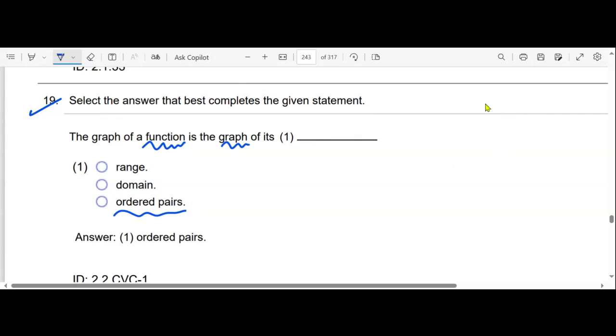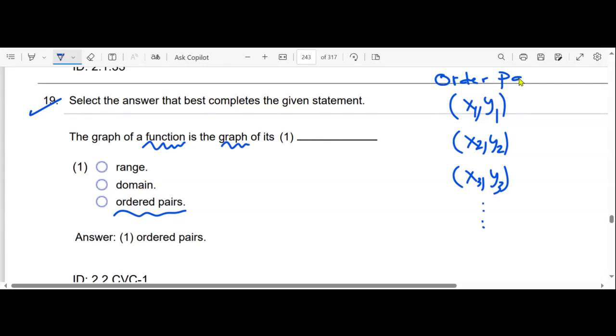If you want to graph, you have to graph the ordered pairs, right? You have points, like 1 and 2, 2 and so on. That's called what? Ordered pairs. Because you need to graph the function, if the function is like this, with these points. Move on.